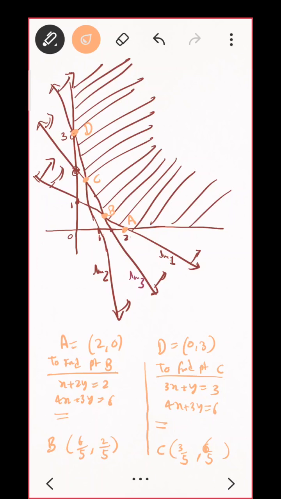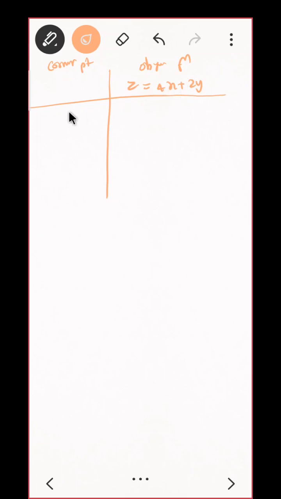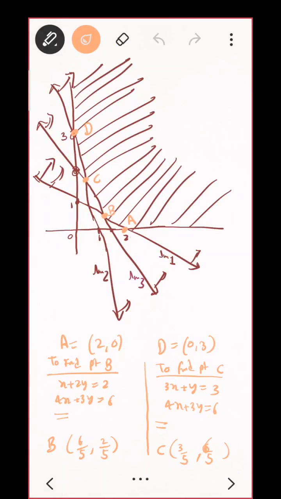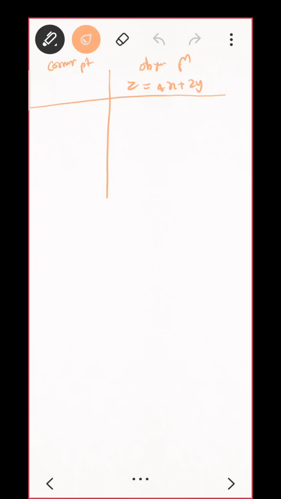To put it in the objective function. So draw a table, with the corner point here and the objective function here. What is your objective function? Z equal to 4x plus 2y, correct? So what are the points we have?